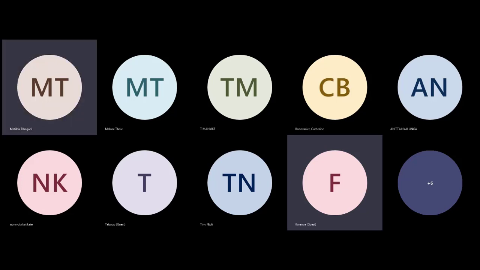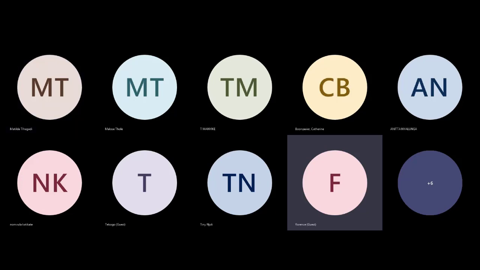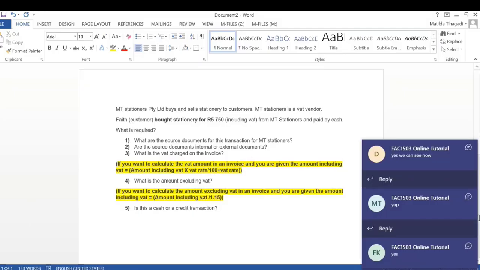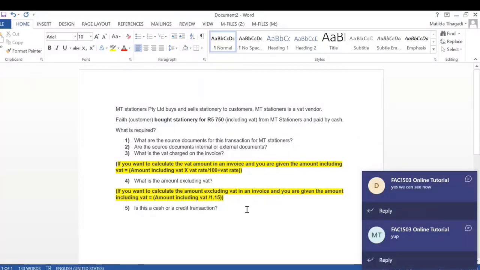So this is the exercise that we're looking at now. Yes, you can see. Yeah, that's great.